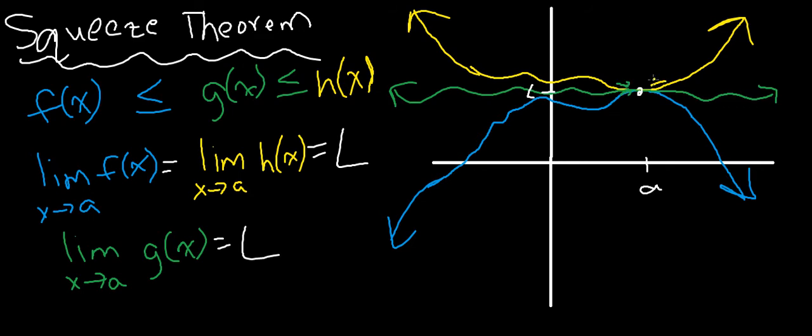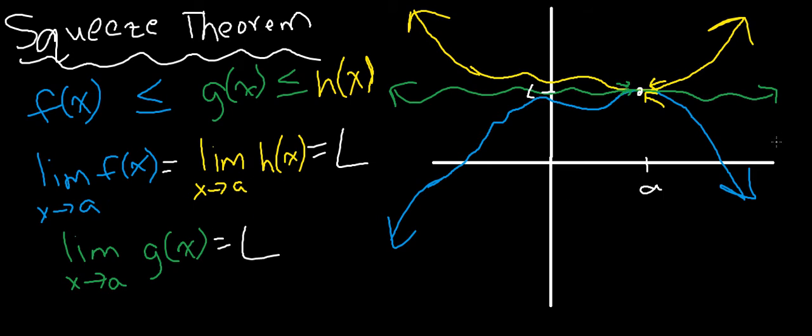The left-hand limits and the right-hand limits are equal. They're both approaching this point, and g of x is forced into the middle of these two. It's squeezed, hence the name of the squeeze theorem. It's stuck in between these two functions, so it just has to have the same value for the limit as f of x and h of x, assuming both of their limits exist.